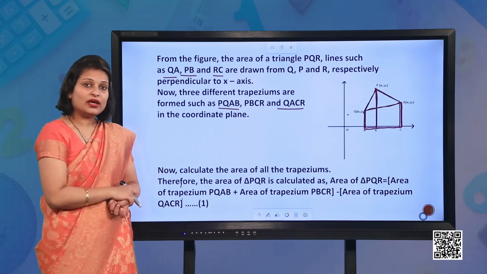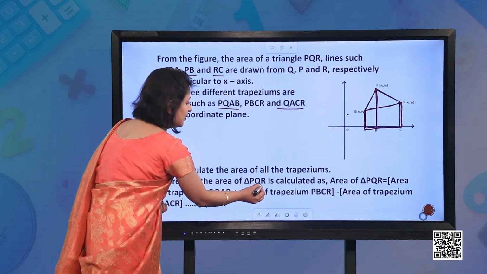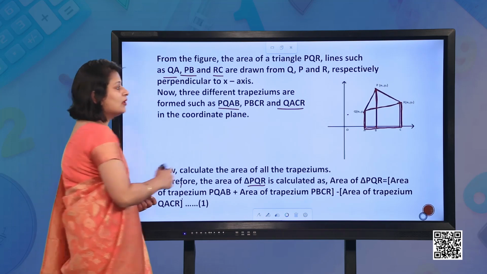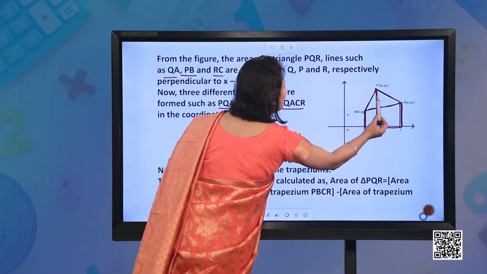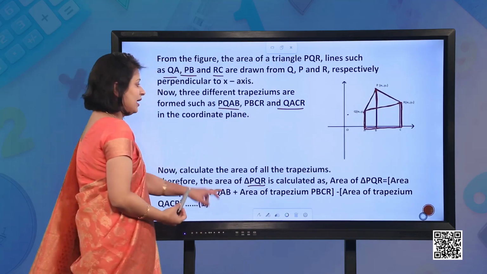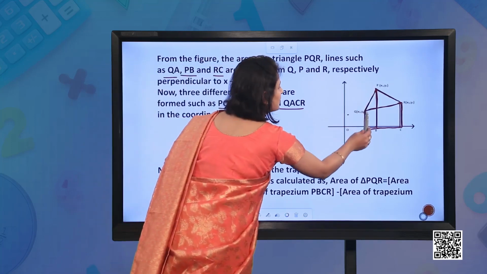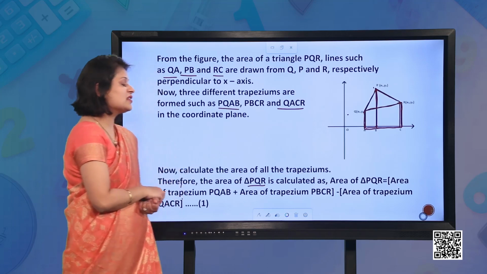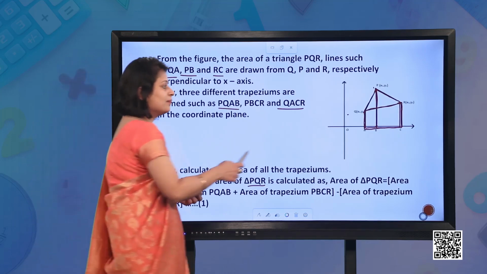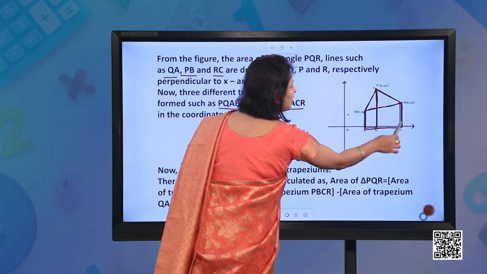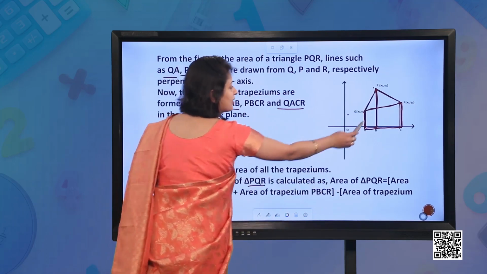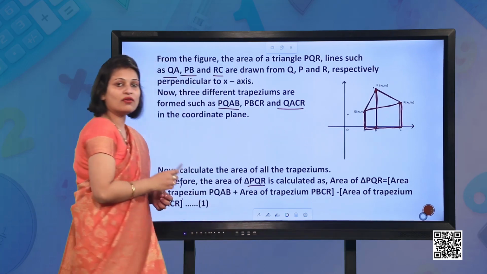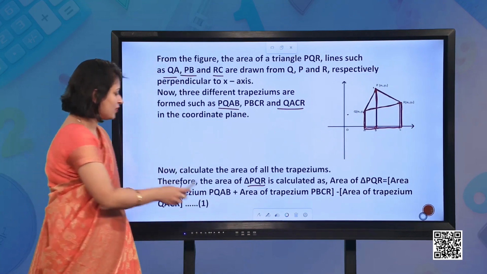Therefore, we can calculate the area of triangle PQR as the area of trapezium PQAB, the first trapezium, plus the area of trapezium PBCR, the second trapezium. We have to subtract the third trapezium so that we can calculate the area of triangle PQR.